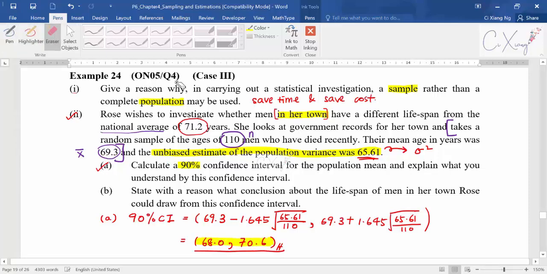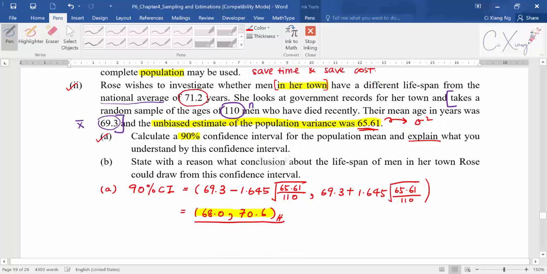Right? Okay, then after that they ask you to explain what you understand by this confidence interval. Usually in some questions they will ask you what's the meaning of this confidence interval.